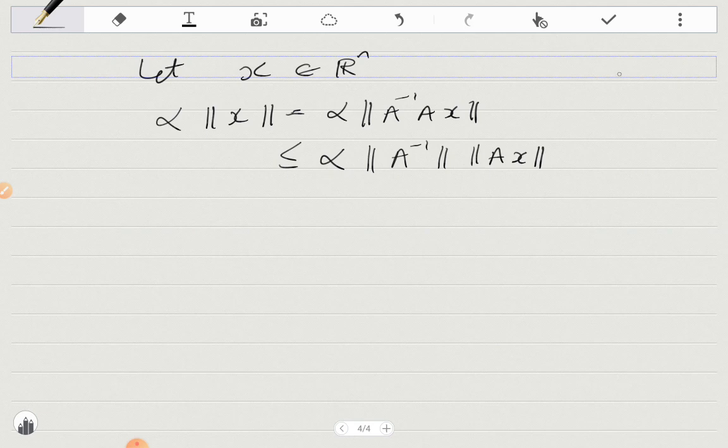So alpha was 1 over norm A inverse, so this cancels out, and this is equal to norm Ax. So norm Ax will be greater than or equal to alpha times norm x.